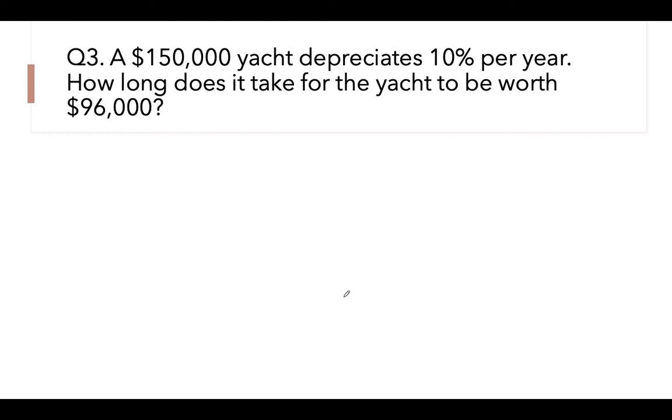So a $150,000 yacht depreciates, meaning it decreases 10% per year. So how long, so we're looking for time, does it take for a yacht to be worth $96,000? Okay, so it's a depreciation, so we could say the amount is equal to the initial times 1 minus the rate, to the power of time.